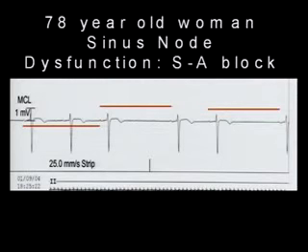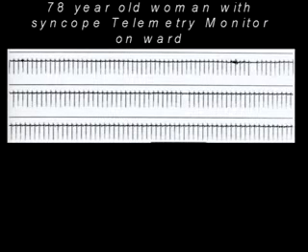So this is SA block. Keep going, hit it again, advance. This is the only case I've ever seen of this, but this is telemetry on the ward. On the top strip, you see again one missed P wave. It's a P wave that's missed, not a QRS, right? So it's SA block, not AV block.